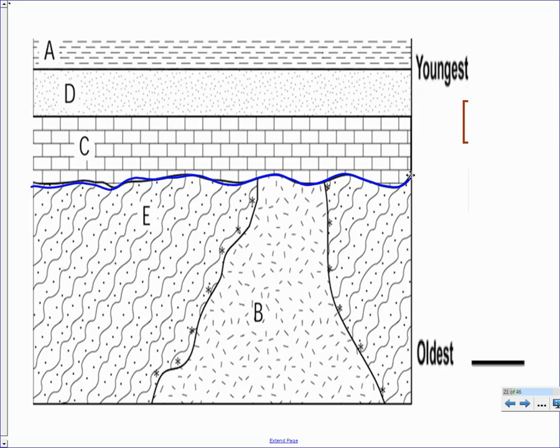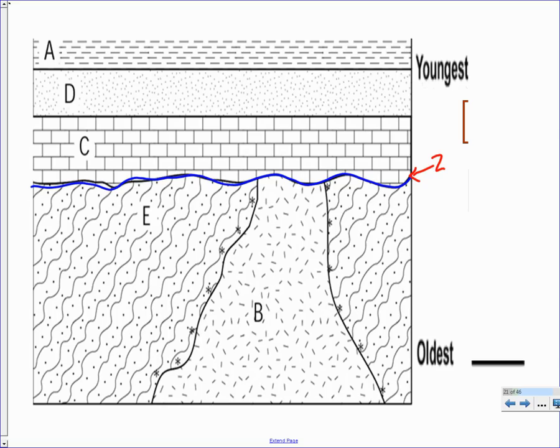All right, so you told me E, then B, which is an intrusion. Then what? C, D, and A. If this was an unconformity that was labeled, say Z, what would then be the order of this rock layer?